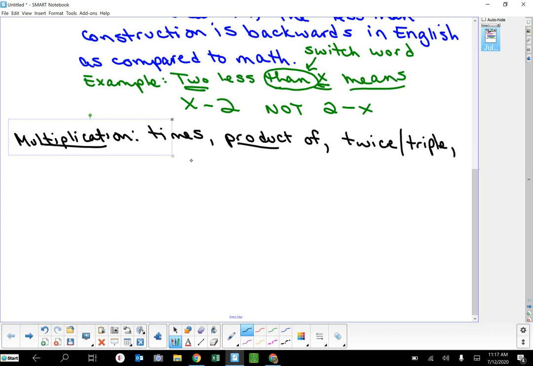And then you could see something increased or decreased by a factor of. So if something is increased by a factor of 2, that would be 2x. Okay. And that can also involve addition, subtraction, and multiplication all at the same time. And then we'll do division.